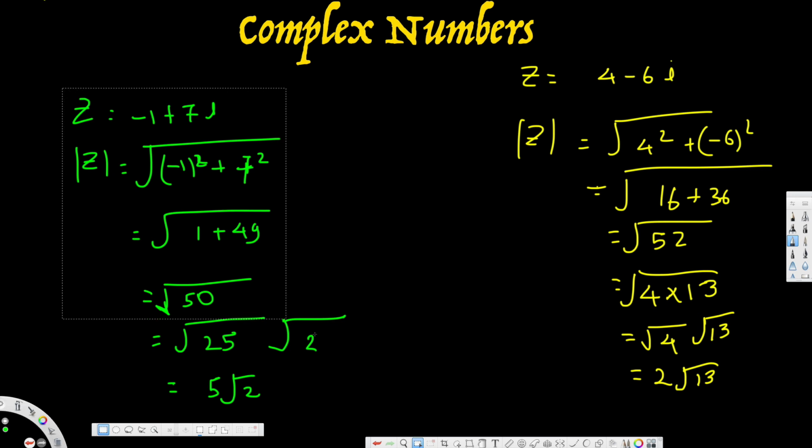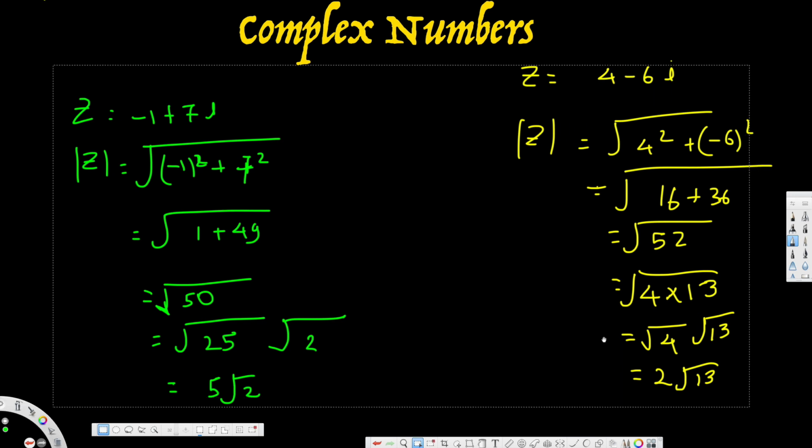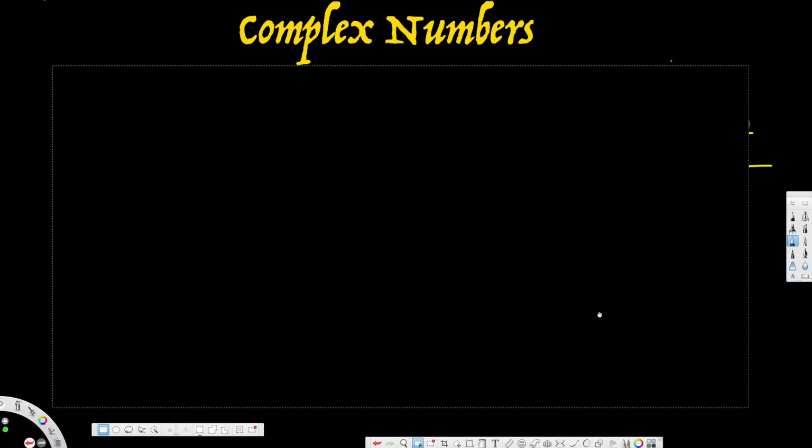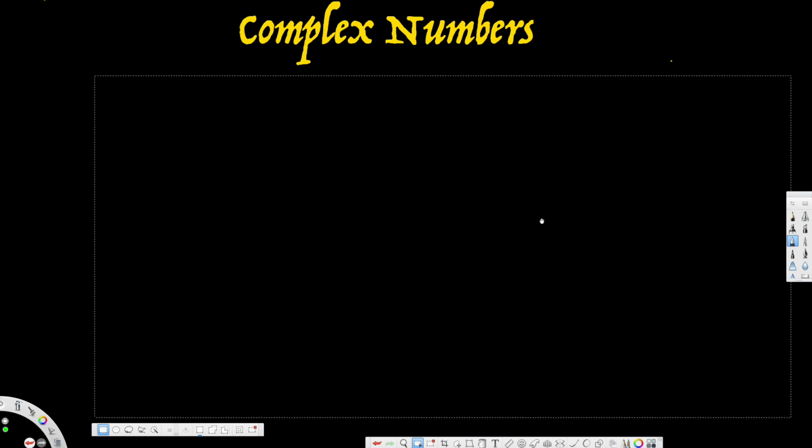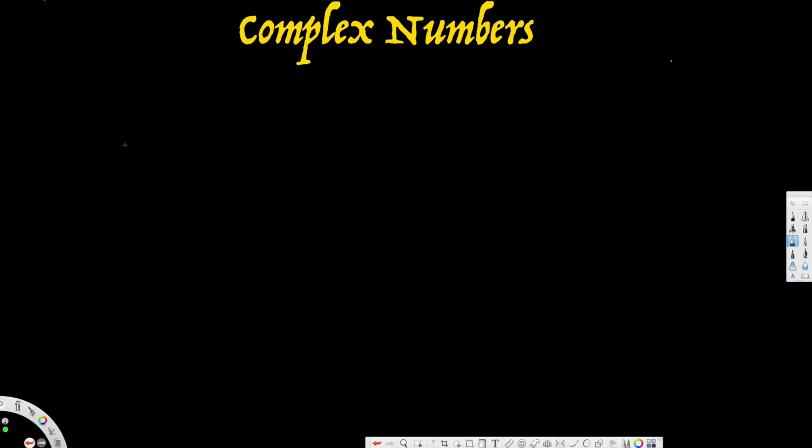Now the final thing we are going to see is rectangular form and polar form. What's the difference between rectangular form and polar form? A complex number in rectangular form is written like this: z is equal to a plus bi.